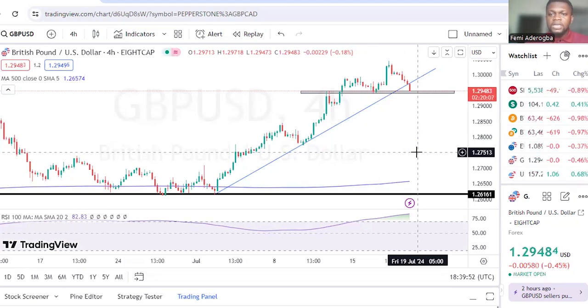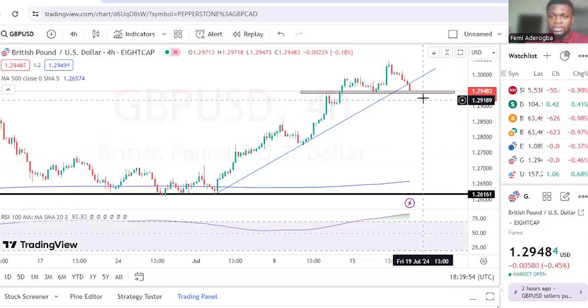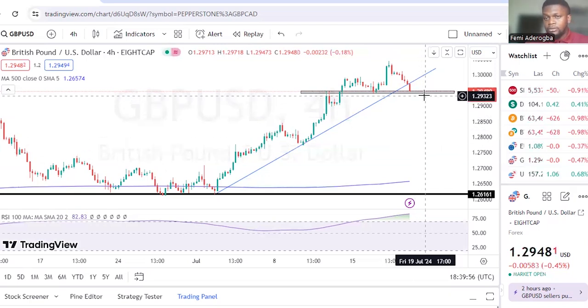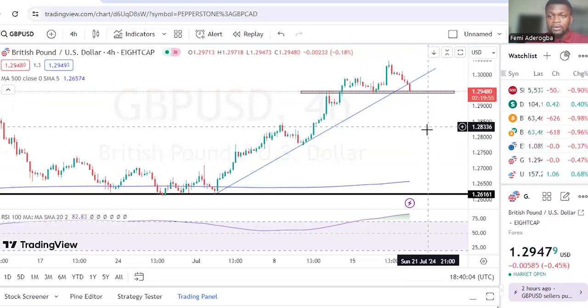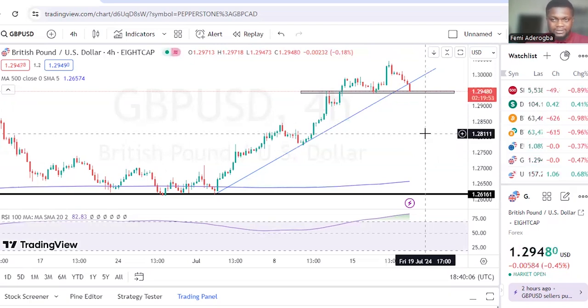Now, if you have to decide 1,000 points, let's assume you sell the market here at 1.29 300, then your profit should be around 1.28 300. It's a very simple logic. You don't need to manipulate things.